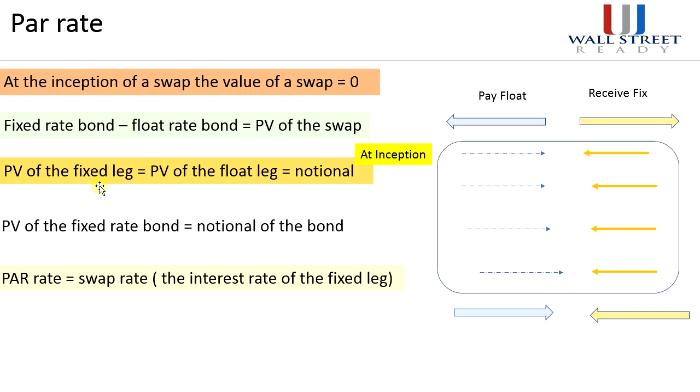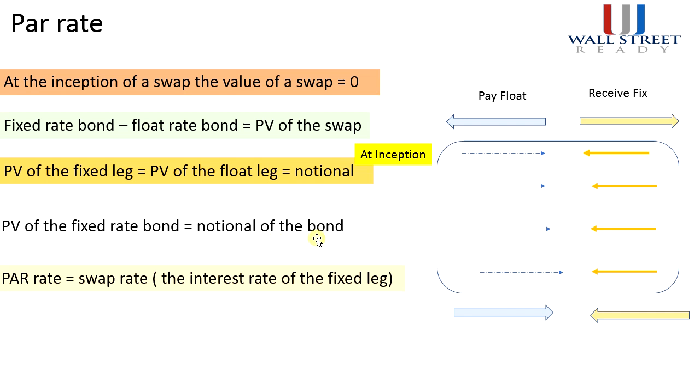The present value of the fixed leg equals the present value of the floating leg, which equals its notional value. This is only true at inception, in other words when you enter into the trade, not at other times. Now, remember we are saying the present value of the fixed rate bond equals the notional of the bond.